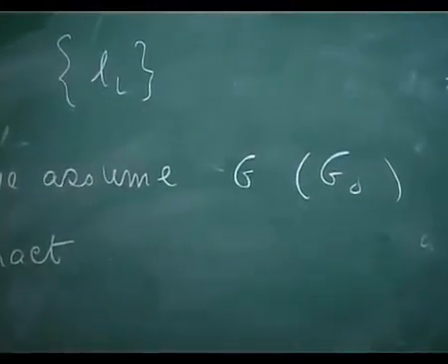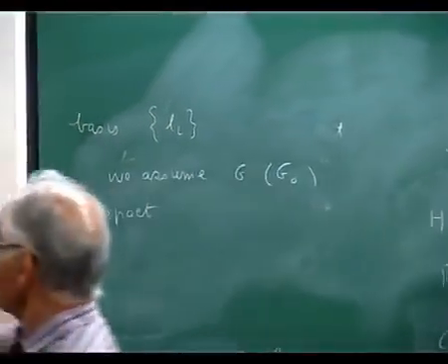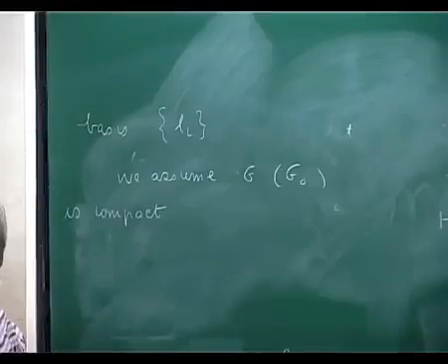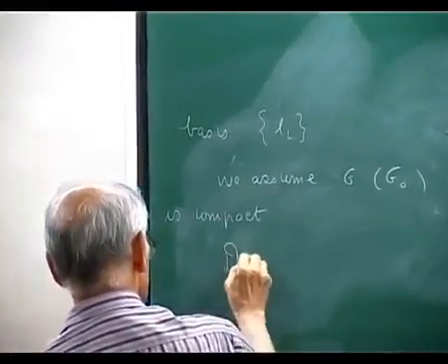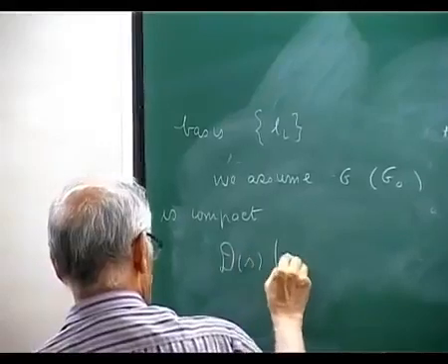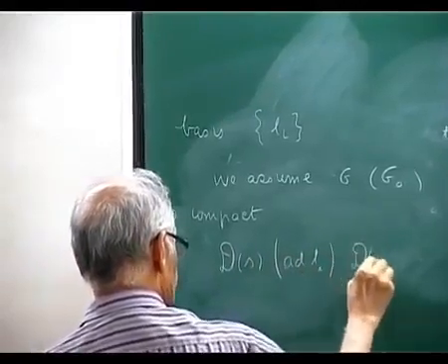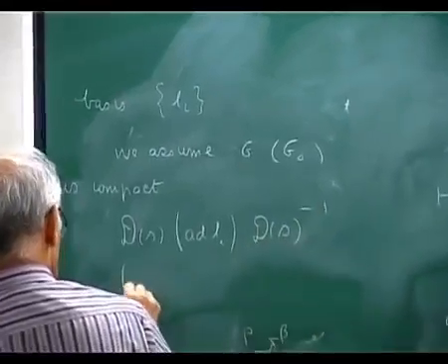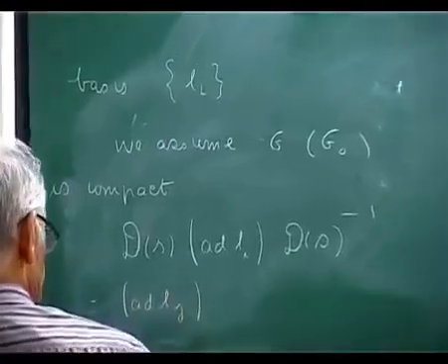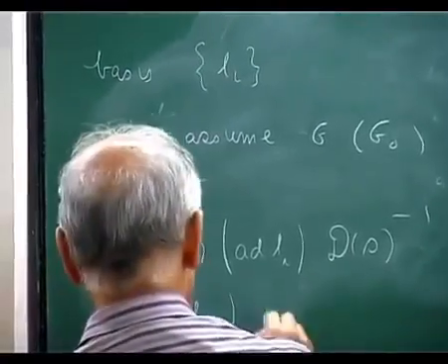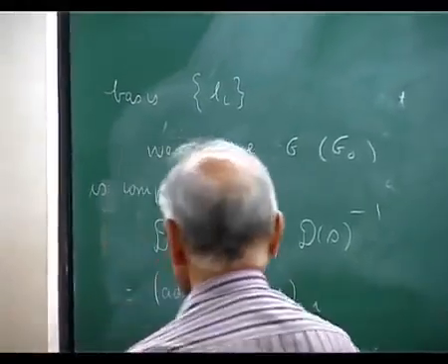Then D S is a representation. So I have D S in the adjoint representation, ad L i, D S inverse is ad L j times D S J i.